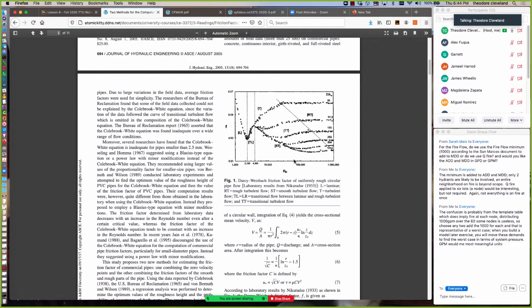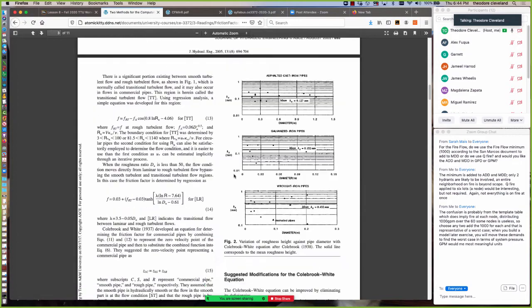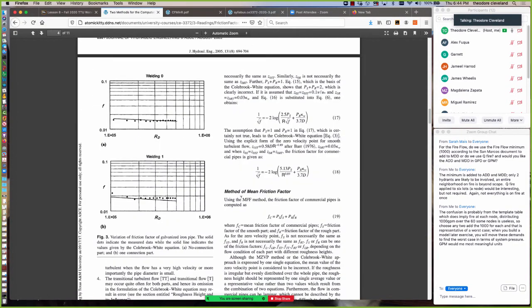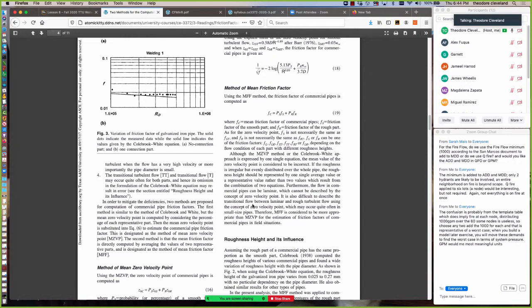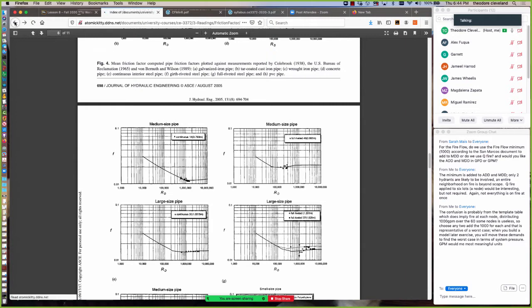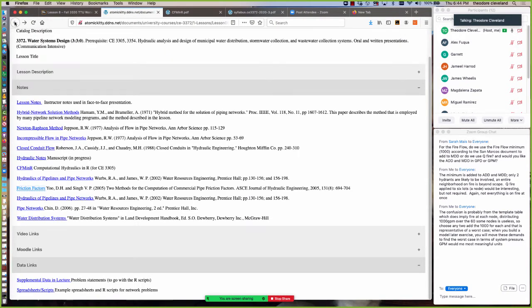That is the original source of the Moody chart. And this paper goes on to provide modifications to equations and how to compute friction factor for different materials. So that's an interesting read if you ever encounter a case where what you're looking for is not well documented.